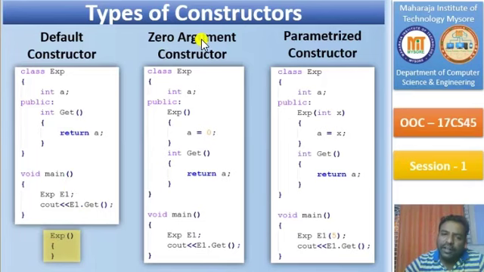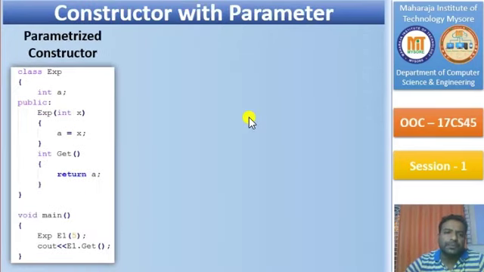If you are defining a constructor with zero parameters, it becomes a zero argument constructor, and inside this body you can put any number of statements, any sort of statements, not only initialization. These two are simple constructors, nothing more to discuss about them, but there is something you should know about the parameterized constructor. Hence, we will discuss the parameterized constructor and what things we should know about it.